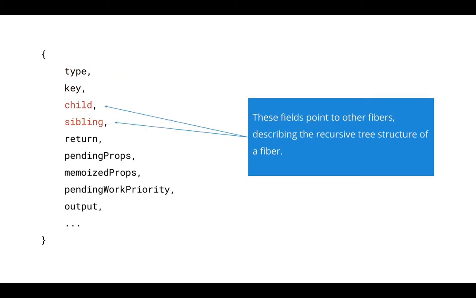Okay, child and sibling. In all honesty, in the old algorithm, only child existed, and it wasn't within a fiber. But now there's also the sibling property. These fields point basically to other fibers. And the fact that there is a child as well as a sibling now makes the whole returning of multiple components possible.